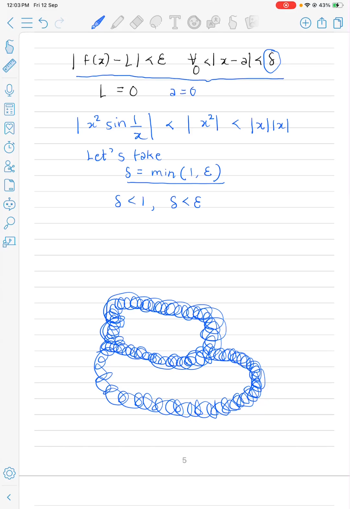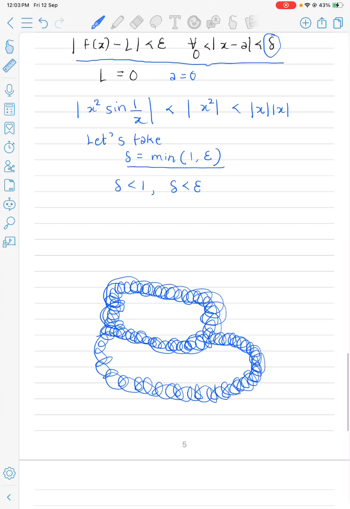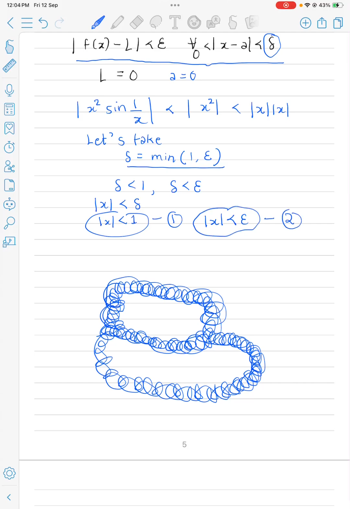Because we are verifying at 0. So if mod x is less than delta, then mod x is less than 1. This is our inequality 1. And mod x is also less than epsilon. Both of these are true, right? 1 and 2.